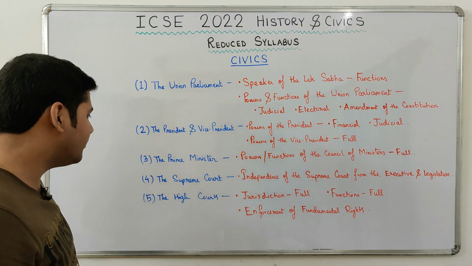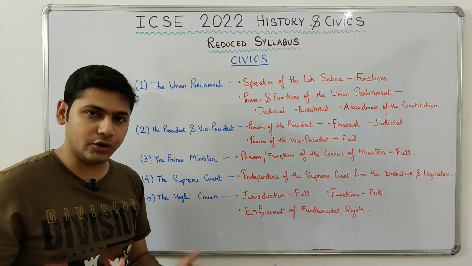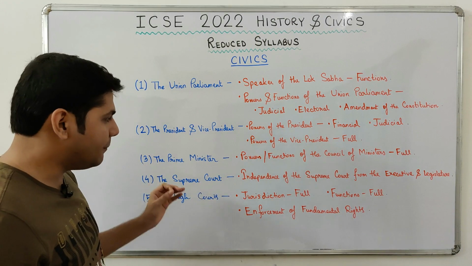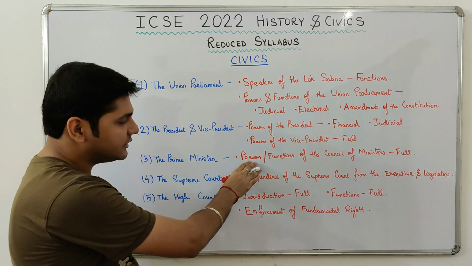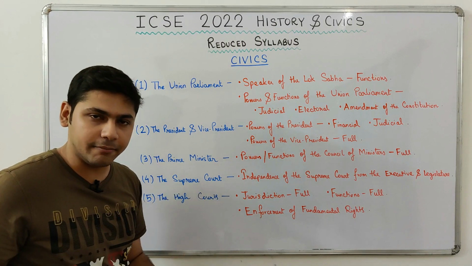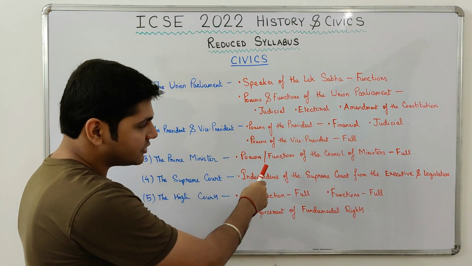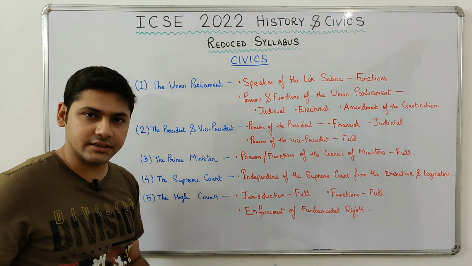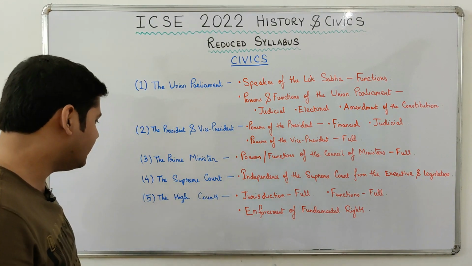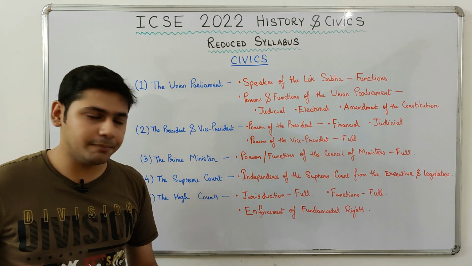Moving on to the next chapter, we come to the Prime Minister, which also comes under the Union Executive. From the Prime Minister, the powers and functions of the Council of Ministers have been removed completely. So you don't have to study the powers and functions of the Council of Ministers. Coming to the next chapter, that is the Supreme Court, which comes under the Union Judiciary.